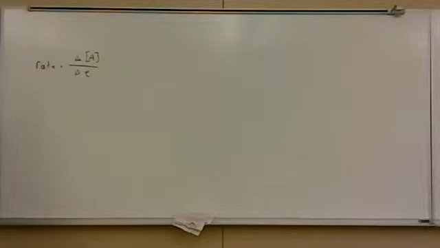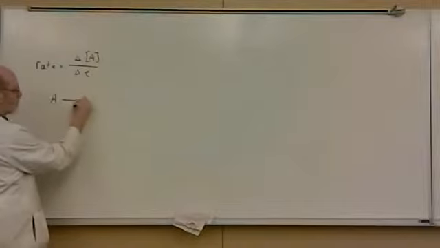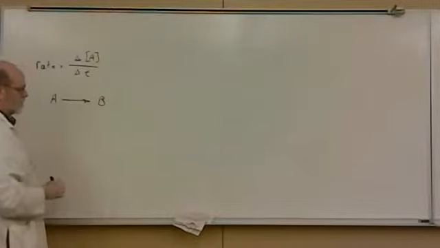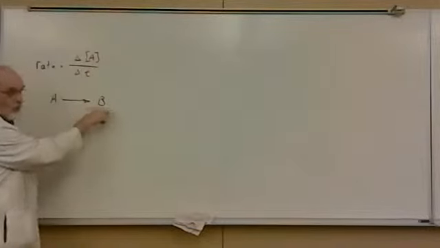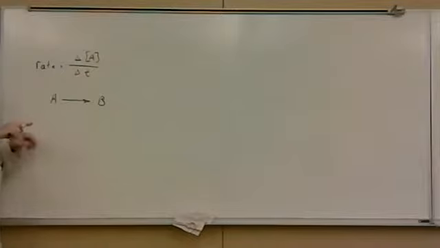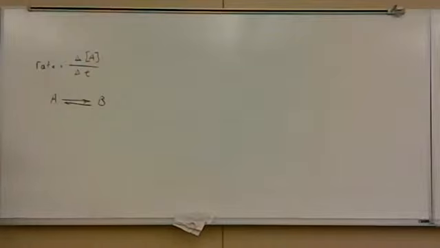Typically what we do is we look at the disappearance of a reactant. And the reason for that is if we have a reactant here that produces some product, we know that as we get more and more of the B, then the competing reverse reaction becomes significant, right?